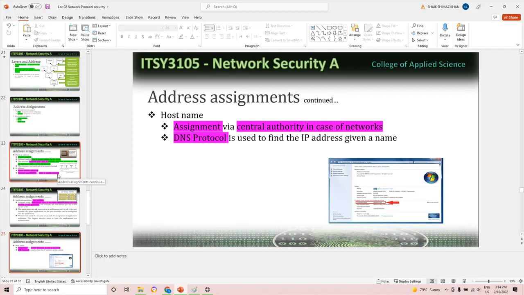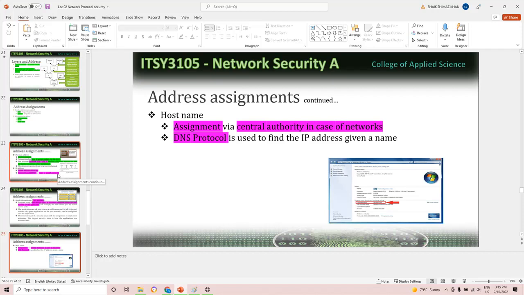Or you can manually change the name. Now I showed you the option, computer name, right click, properties, you can change. So you have both the options. It can be assigned dynamically by some servers in a large network, in organizations, colleges.